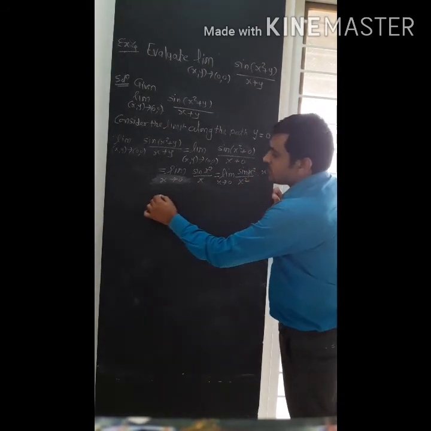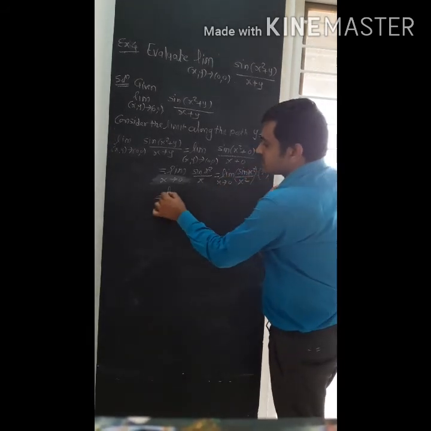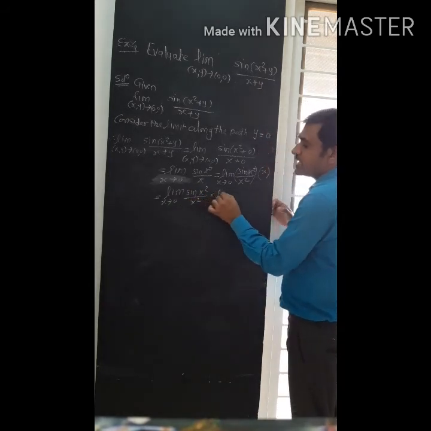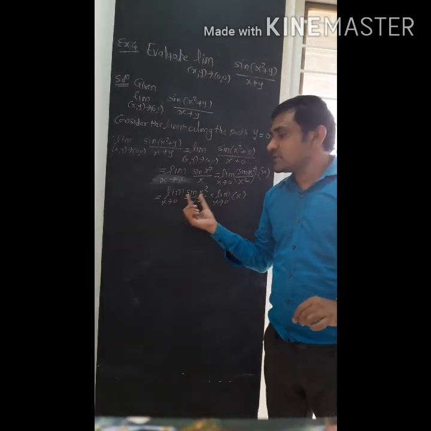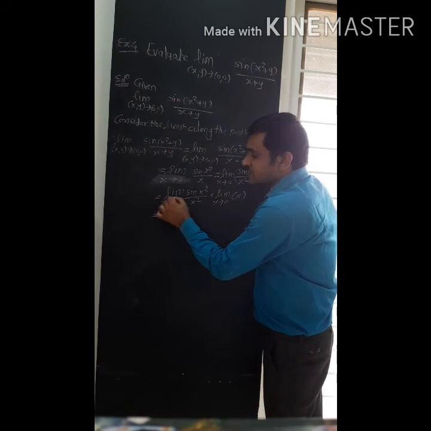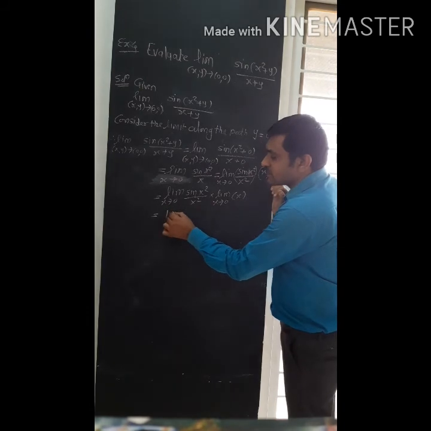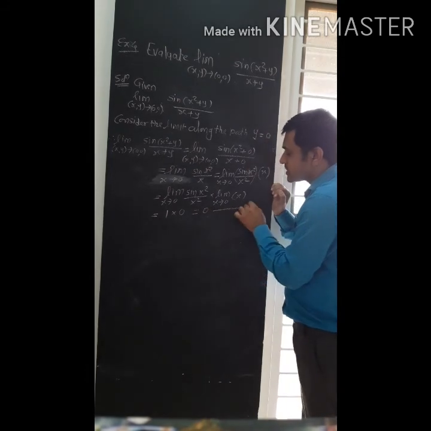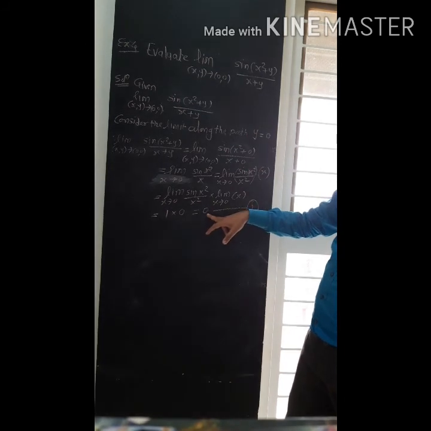So we separate the limits: limit x tends to 0 of sin x square upon x square into limit x tends to 0 of x. The limit of the first is nothing but 1, because we know that limit x tends to 0 of sin x upon x is 1. And the limit of x is 0, because if you put x is equal to 0 then this is 0. So 1 into 0 is 0, which gives equation number 1: the limit of the given function along the path y is equal to 0 is 0.